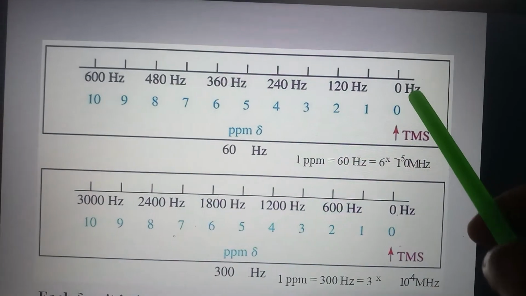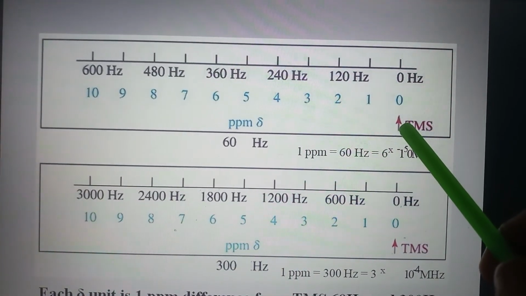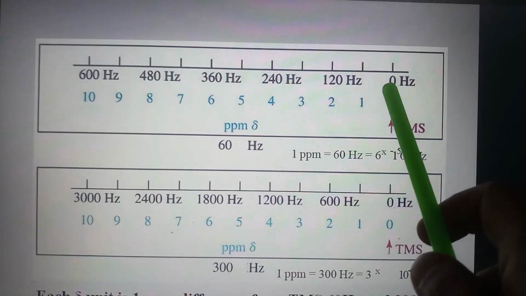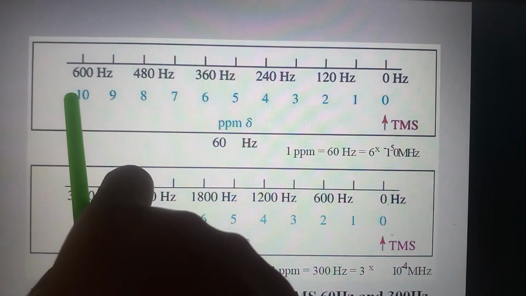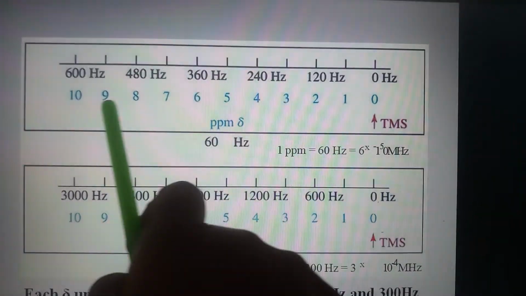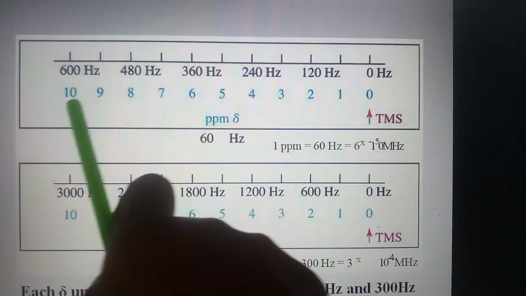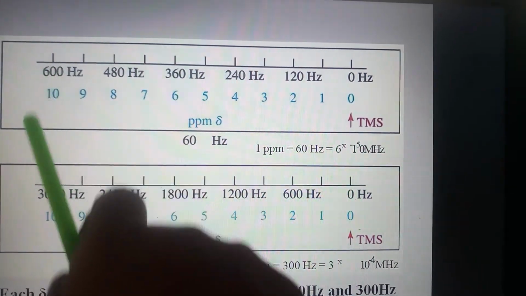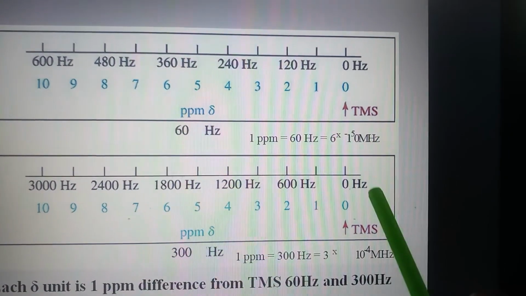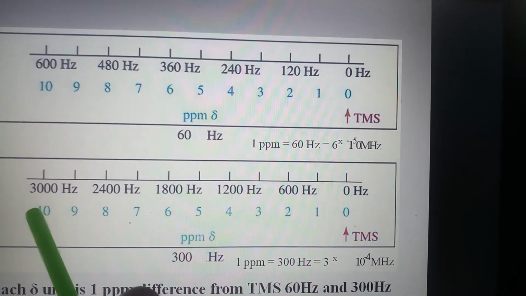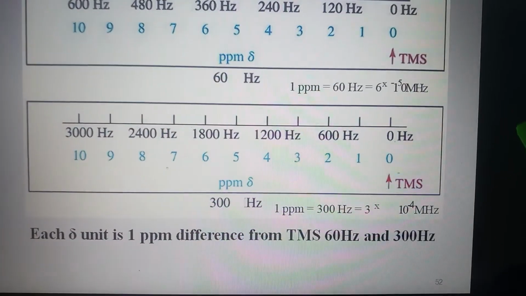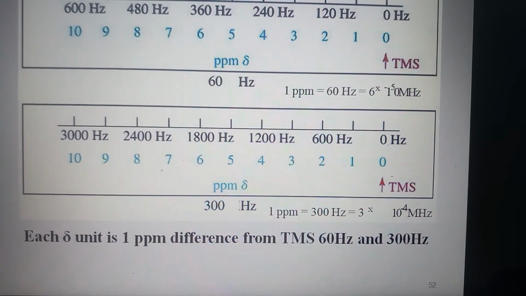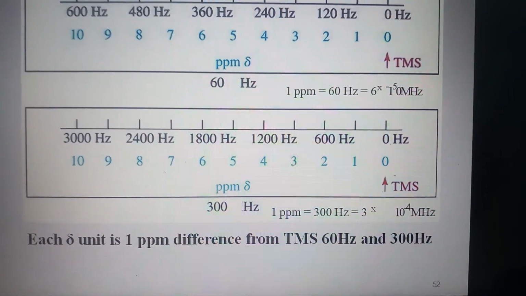Here it is TMS. In case of delta, it starts from 0 up to 600 hertz for a 60 megahertz machine. It is divided into 10 divisions and goes from 0 to 10. For a 300 megahertz machine, it is also divided into 1 to 10. Each delta unit is 1 ppm, parts per million, difference from the TMS, 60 Hz or 300 Hz.